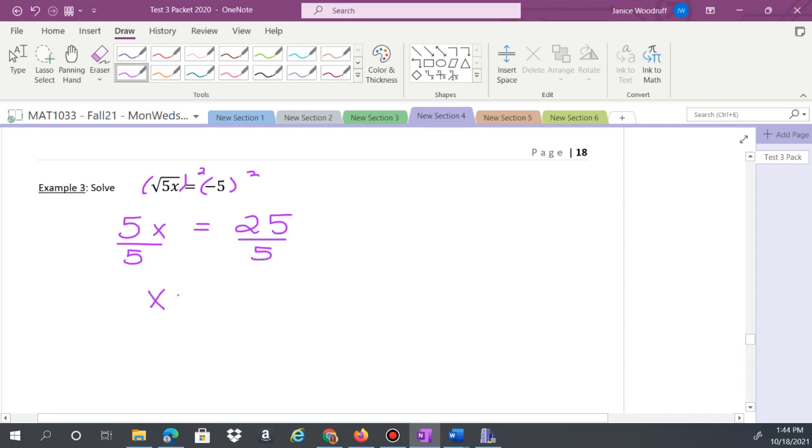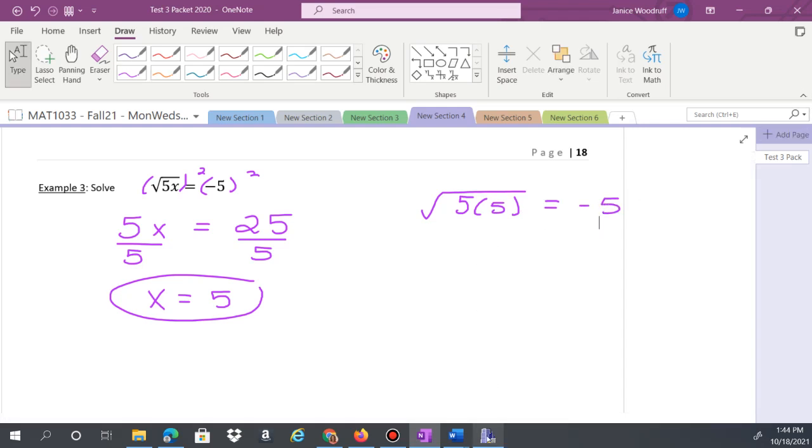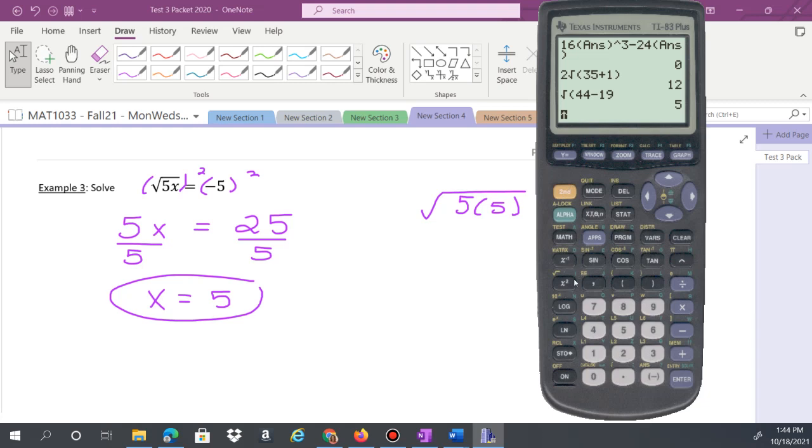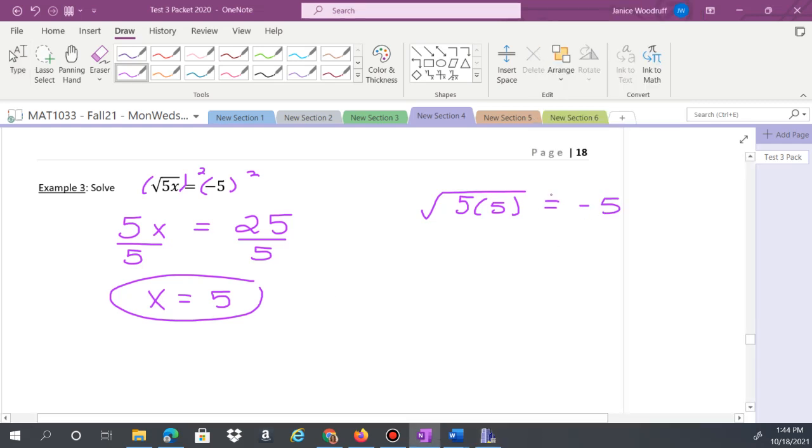I'm going to get x equals 5. Then I'm going to check. Square root of 5 times 5. I don't think the square root of 25 is negative 5. It is positive 5. So it does not equal negative 5. Therefore, this is extraneous, and this is a no solution.